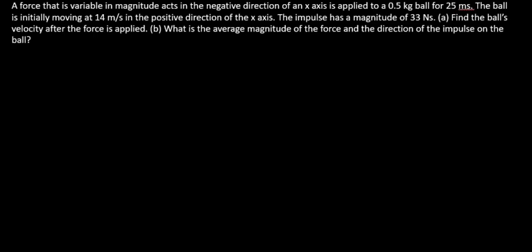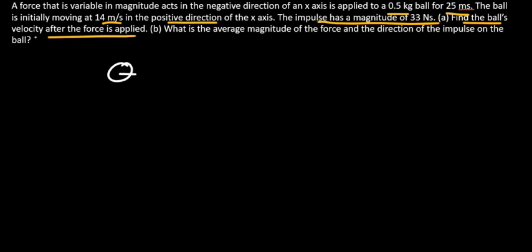A force that is variable in magnitude acts in the negative direction of an x-axis and is applied to a 0.5 kg ball for 25 milliseconds. The ball is initially moving at 14 meters per second in the positive direction of the x-axis. The impulse has a magnitude of 33 newton-seconds. Now find the ball's velocity after the force is applied.